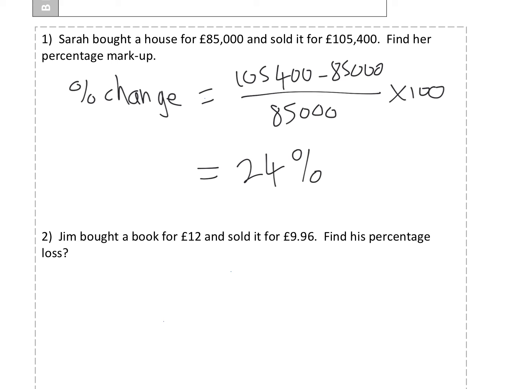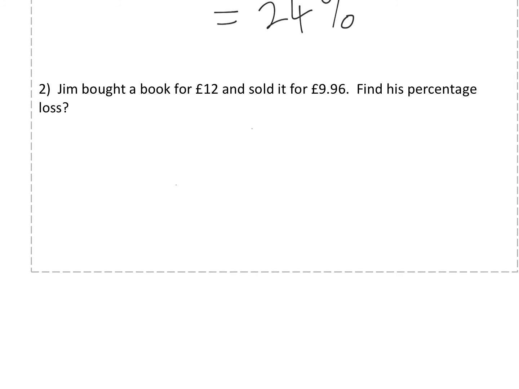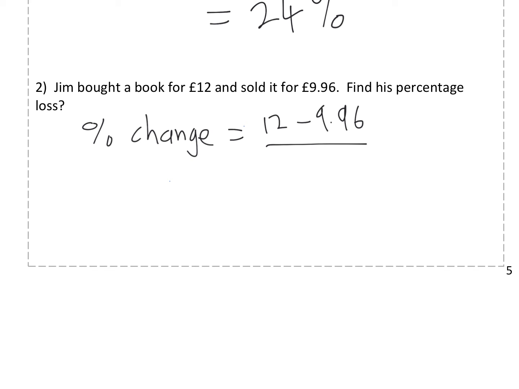Example 2. Jim bought a book for £12 and sold it for £9.96. Find his percentage loss. So the percentage loss or percentage change is the actual change. That would be £12 minus the £9.96, or £2.04.